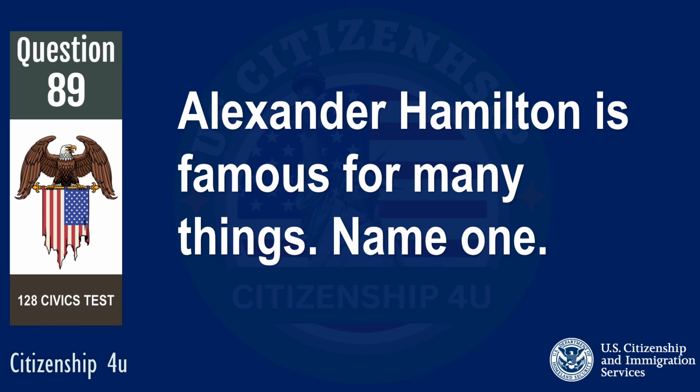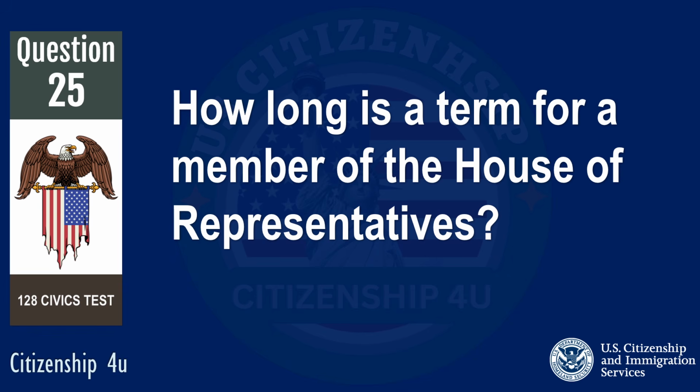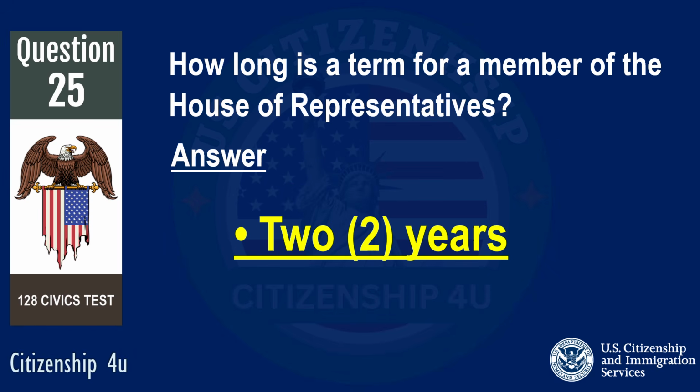Alexander Hamilton is famous for many things. Name one. One of the writers of the Federalist Papers. How long is a term for a member of the House of Representatives? 2 years.